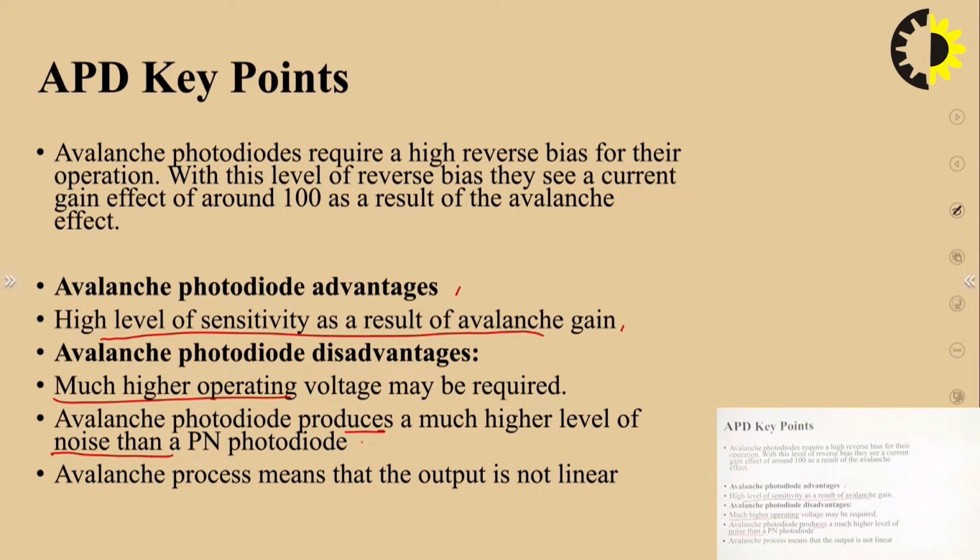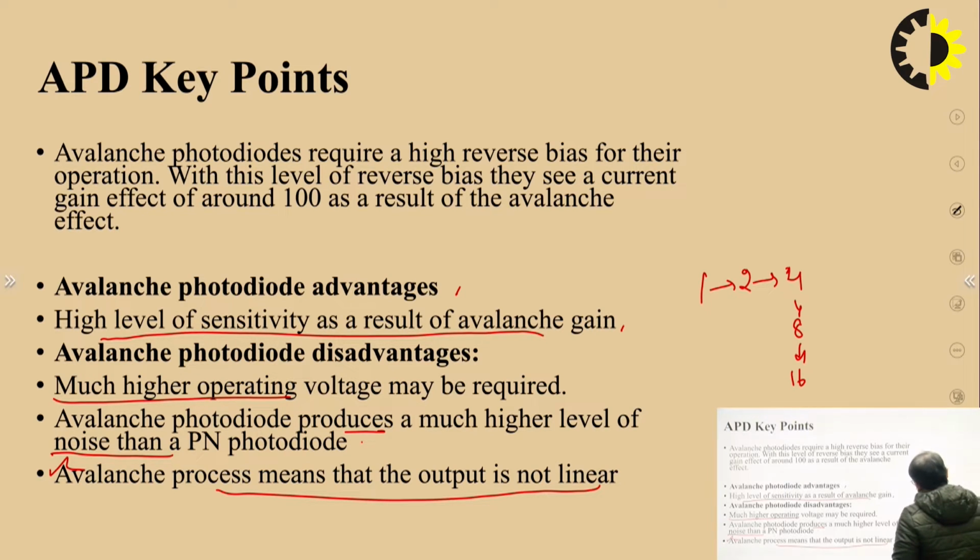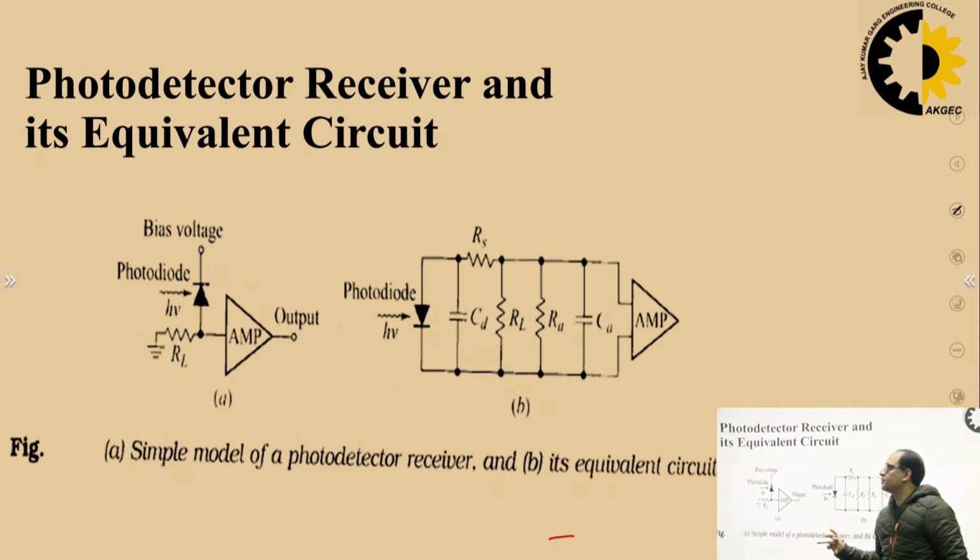And this avalanche process means that the output is not linear. When the M factor is applied, 1 creates 2, 2 creates 4, 4 creates 8, 8 creates 16, the output will be non-linear.